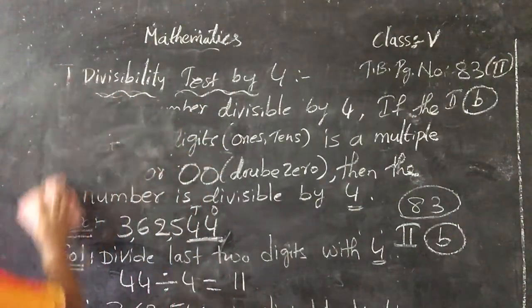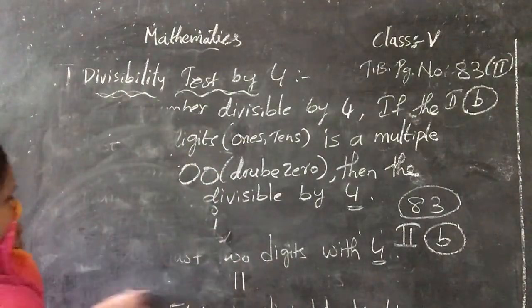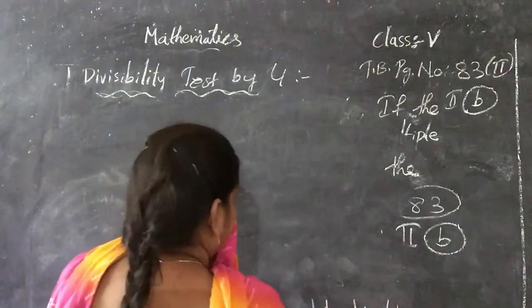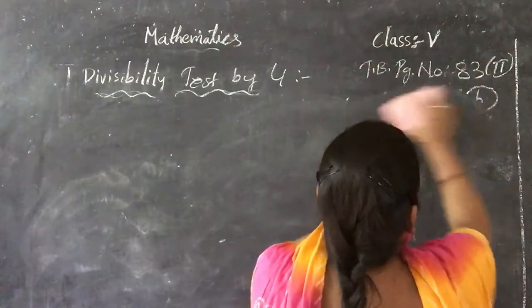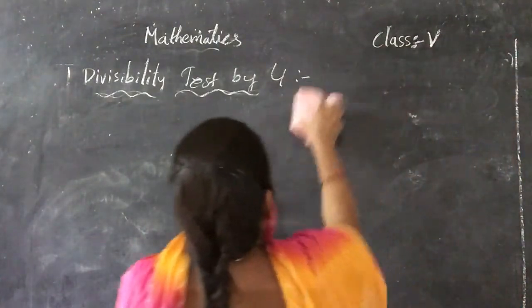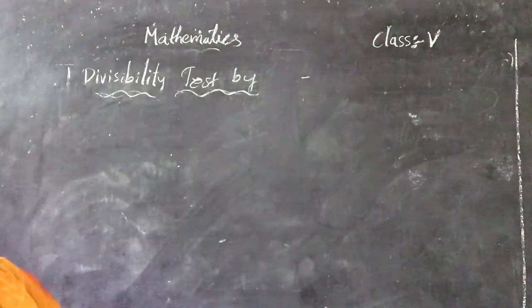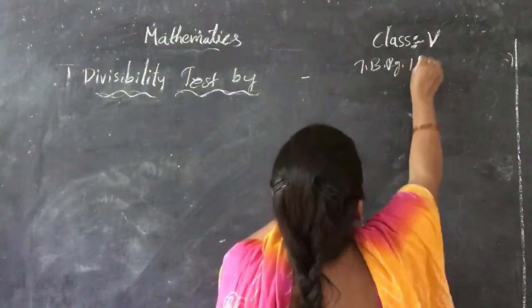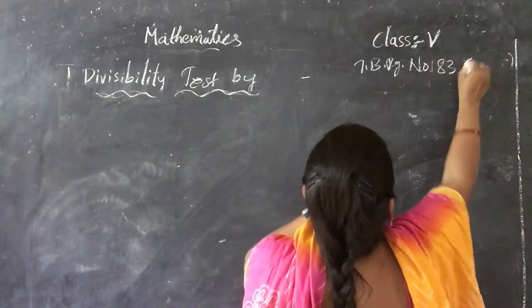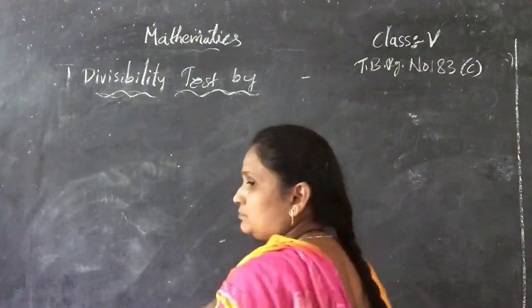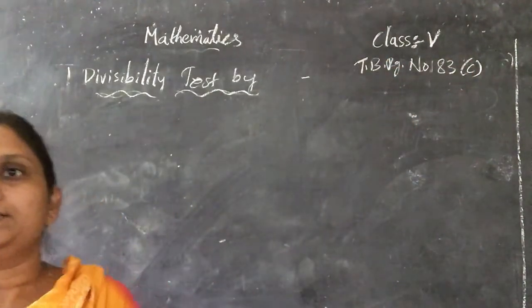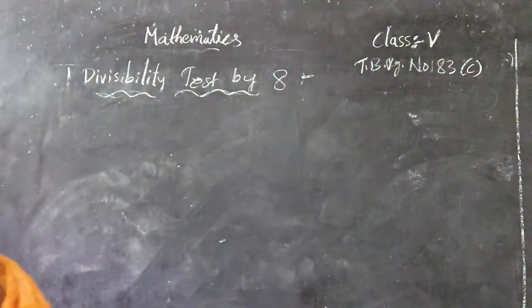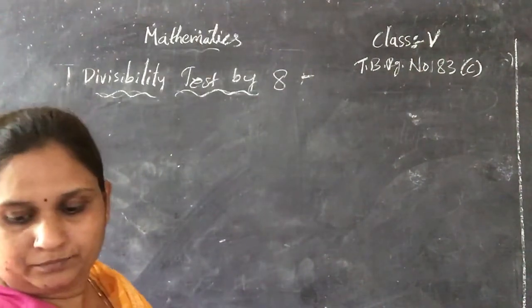After completing that, write the heading divisibility test by 8. Divisibility test by 8. Okay?